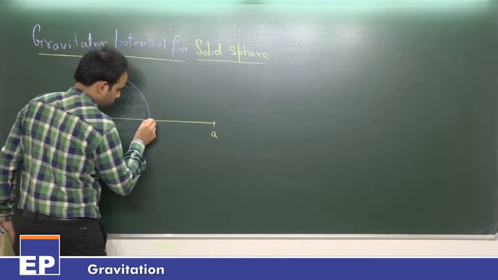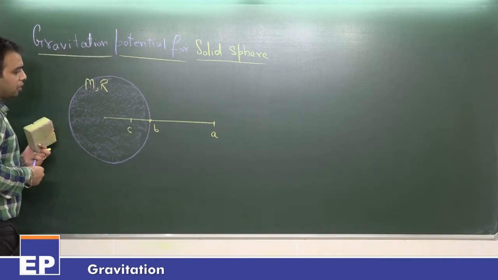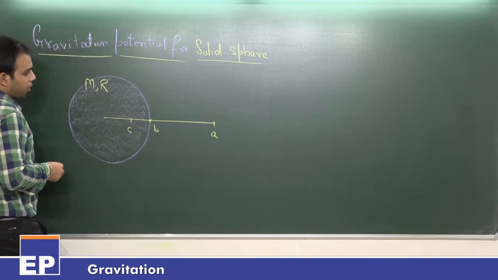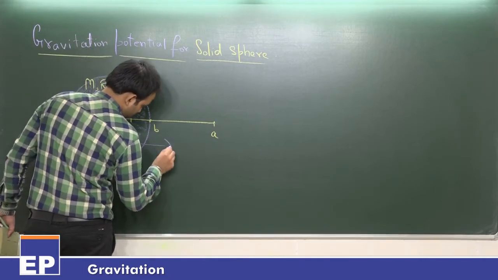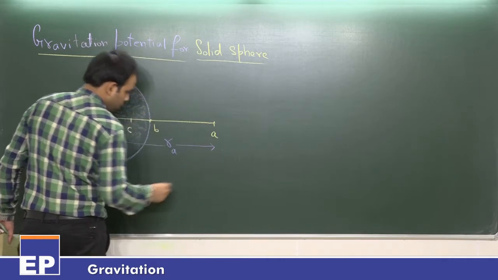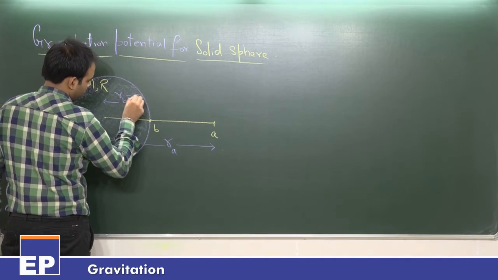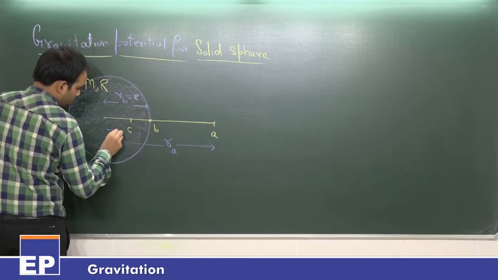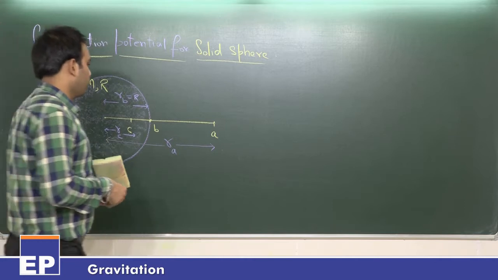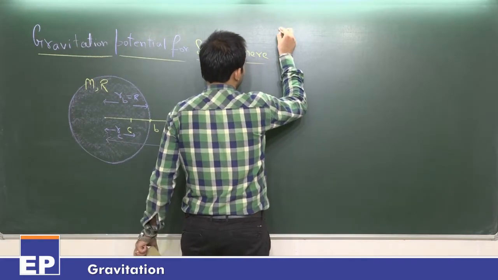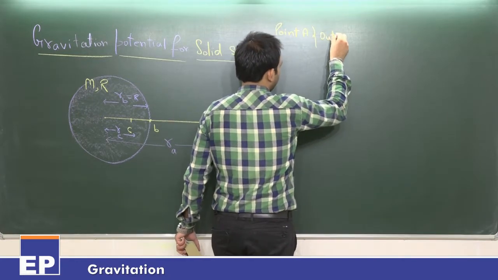This is point A, this is point C. You can easily see that its radius is capital R, and the distances are RA, RB, and RC. If we want to calculate the potential at point A, that is the outside point.